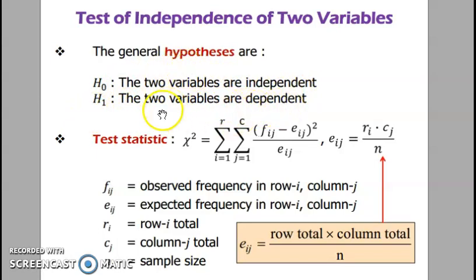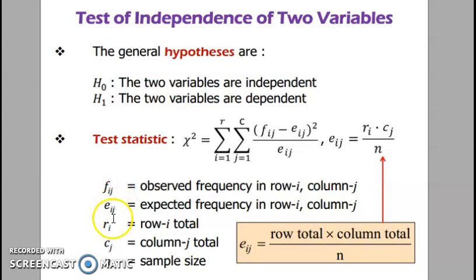Again, these two variables are categorical variables. And this is the test statistic formula for chi-square, whereby Fij is the observed frequency, row i, column j.